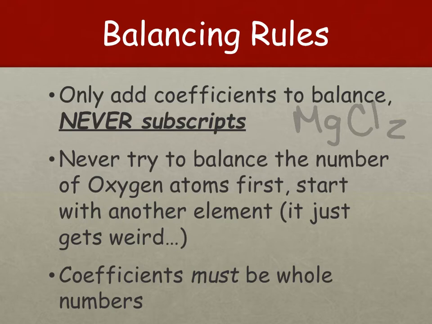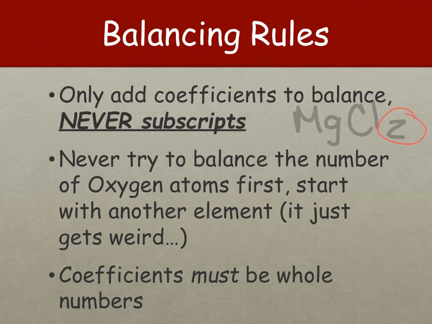Now that I have that correct formula, I'm not going to mess this up, because if I mess up these little subscript numbers, then I'm changing what the actual compound is. I'm changing the substance, and you don't want to do that. So your first step is to write the correct formulas for each substance, like the word equations that we did yesterday. Then you are going to balance them.